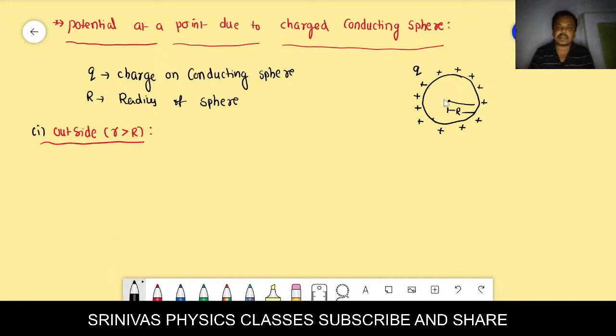Okay, let us see here. I want to find out the potential at this point. This point is outside of the conducting sphere, and that point's distance we can take as small r, which is the distance of the point where I want to find out the potential. And then how to find out that potential at outside?